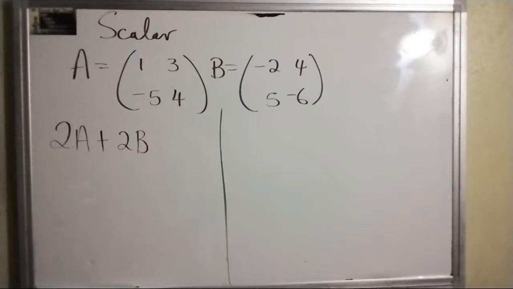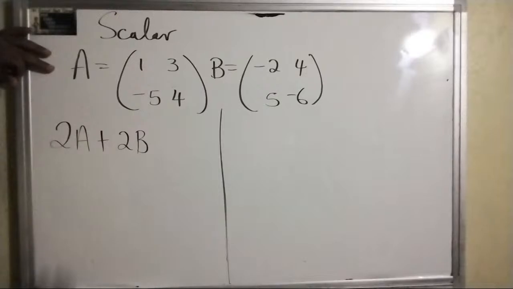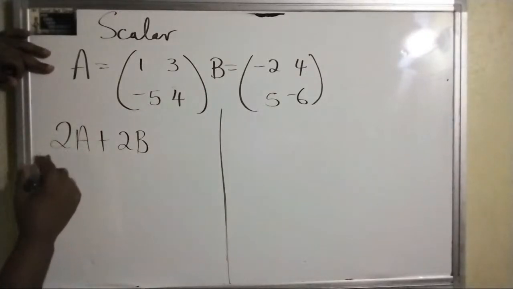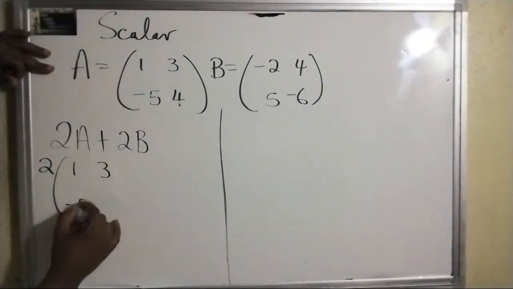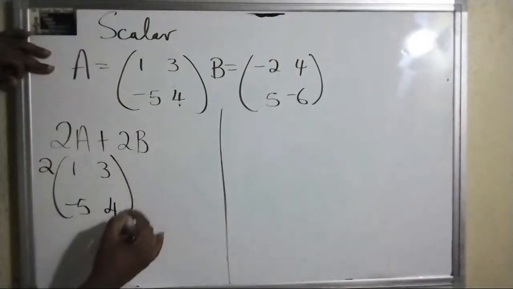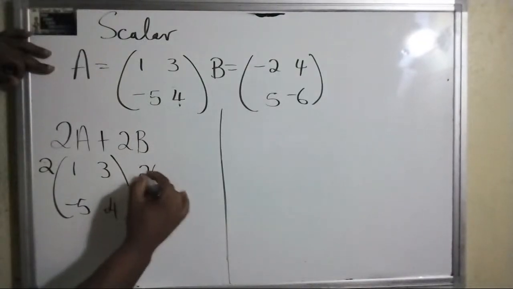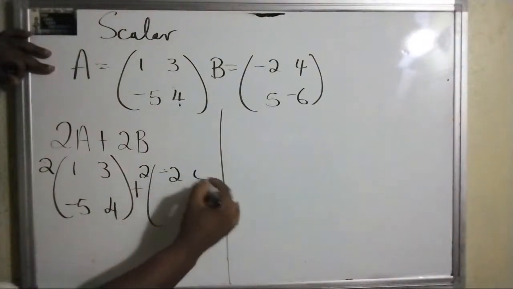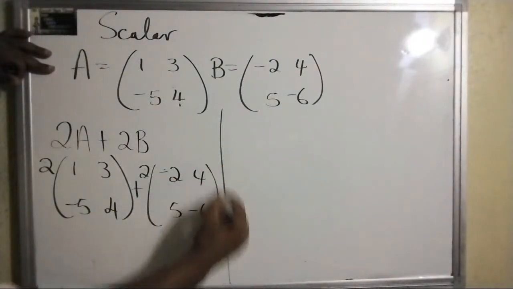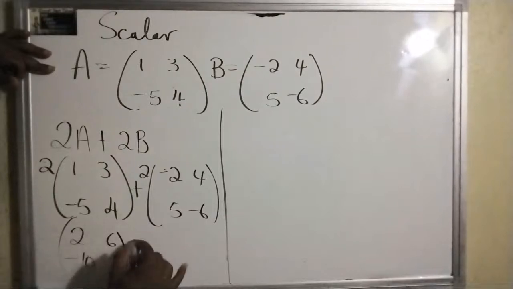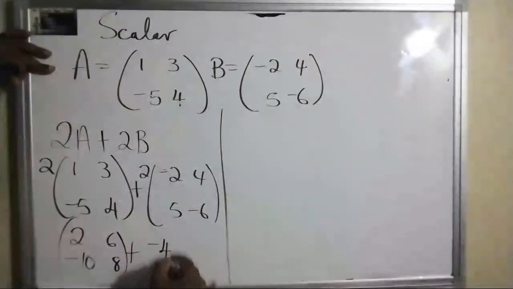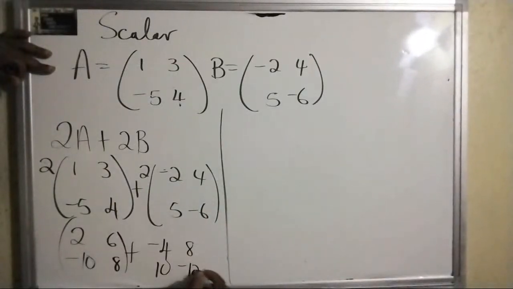Alright, so ready now, guys. So as we did earlier, it's as if we are saying 2 times what's inside the bracket for each, and similarly I add it to 2 times -2, 4, 5 and -6. So 2 times 1 is 2, 2 times 3 is 6, 2 times -5 is -10, 2 4s are 8, plus 2 times -2 is -4, 2 4s are 8, 2 5s are 10, and 2 times -6 is -12.